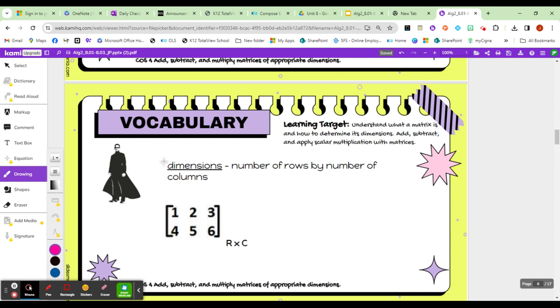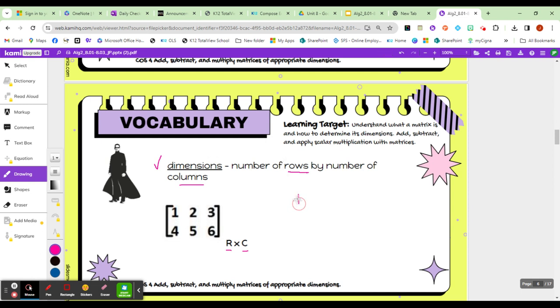On this slide, I'm defining dimensions. When you give the dimensions of a matrix, you give the number of rows by the number of columns. So it's R and then C. These are not in alphabetical order. One way to remember RC is RC Cola.